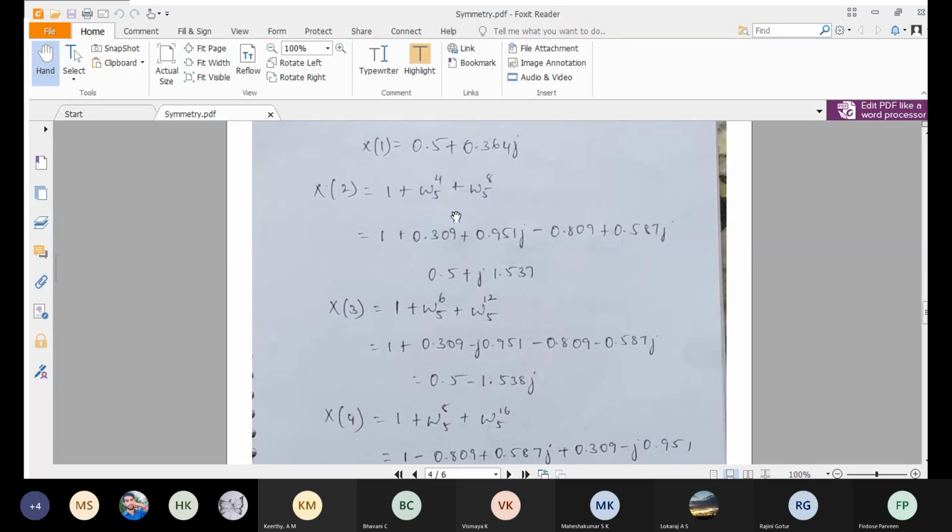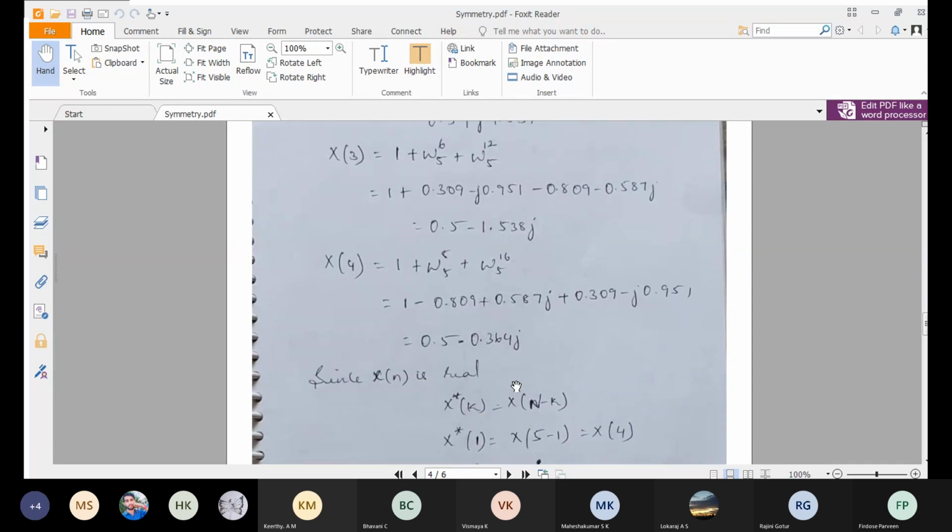It is a 5-point DFT, right? So X of 2 and X of 3 will be conjugate symmetric: 0.5 minus j 1.537. You can see 5 minus 3 is 2, so X of 3 and X of 2 will be conjugate symmetric. X conjugate of 1 will be X of 4.